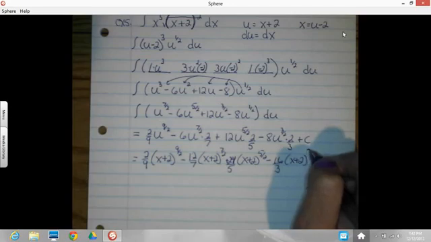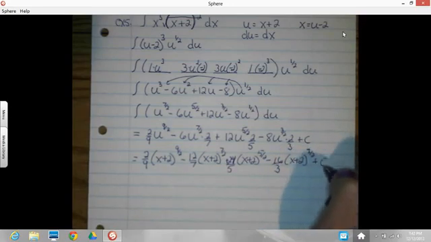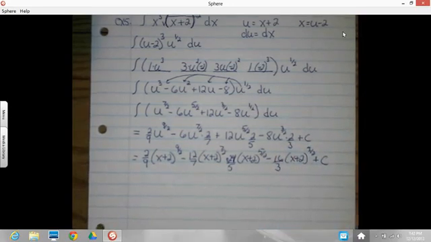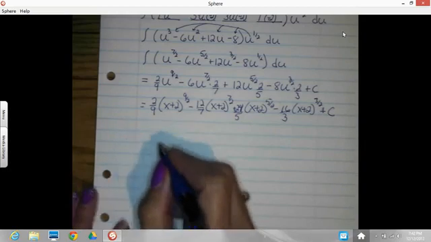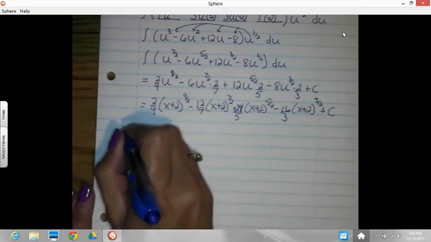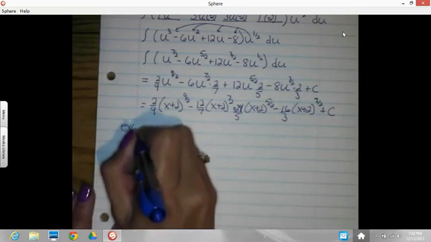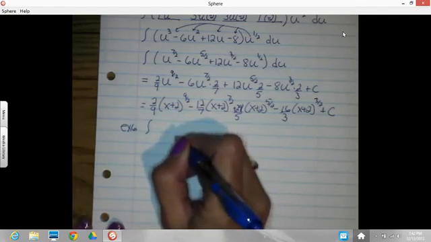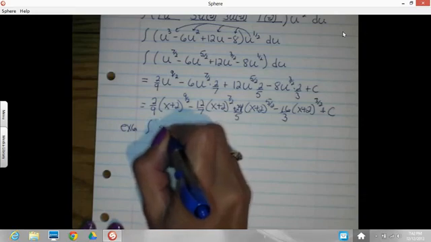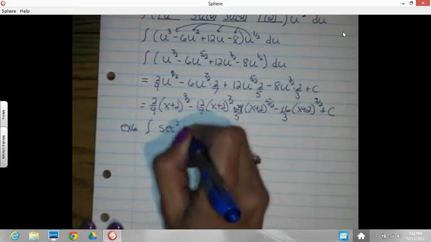Whew. And let's just do a couple of quick trig ones and call it good. Let's see, example 6. Let's see if we have the integral of secant squared 3 pi x dx.